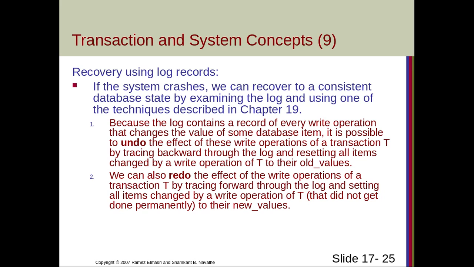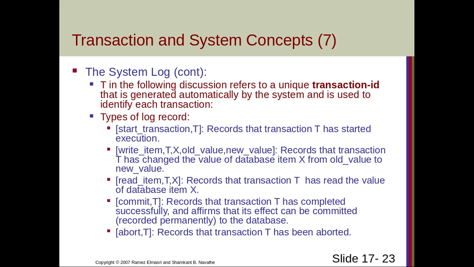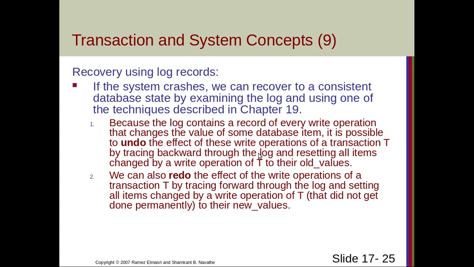That means in your log, if you have a write item, then the old value as well as the new value of the data is available. Using this you can find the old value as well as the new value, and you can go back to the previous consistent state.